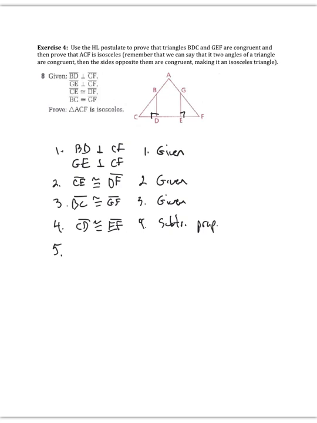So now we actually have that triangle, or actually we need to say that angle BDC is a right angle, and that would be perpendicular lines form right angles.